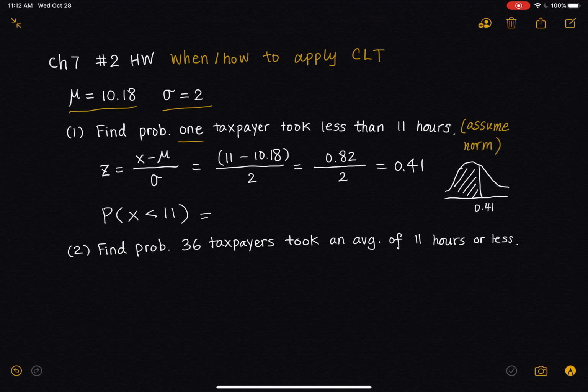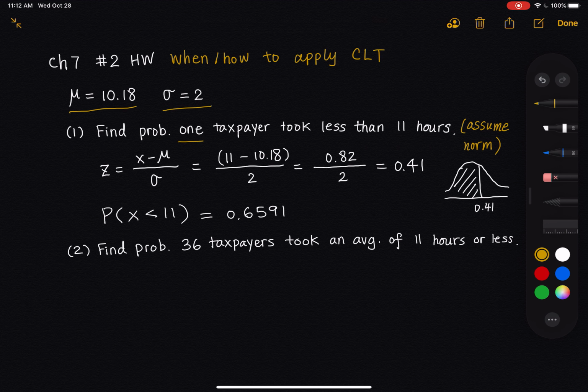In that case, you look up the z-table corresponding to the row of 0.4 and the column of 0.01. So you will get the number 0.6591. So if it were to ask you for just one randomly selected person and the distribution is normal, you will use this formula.